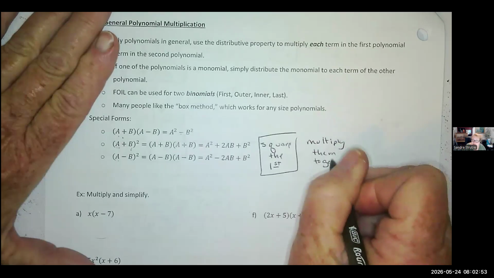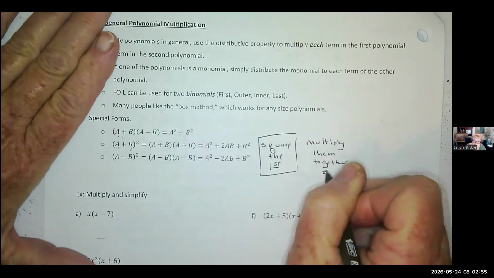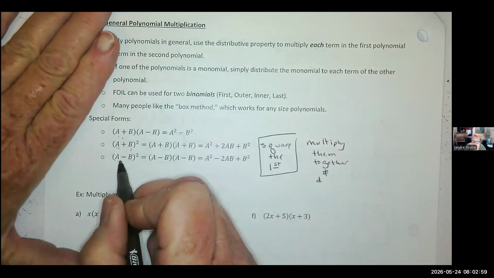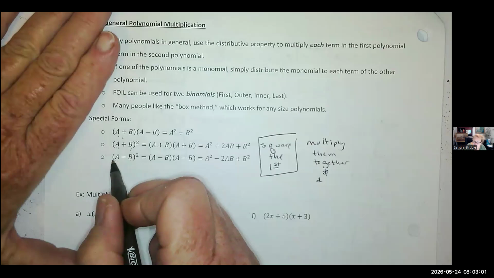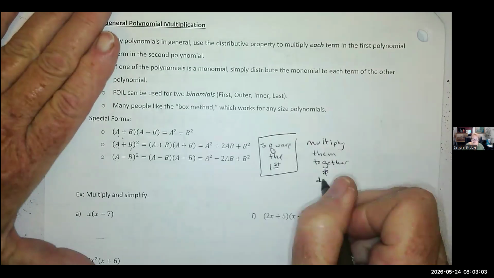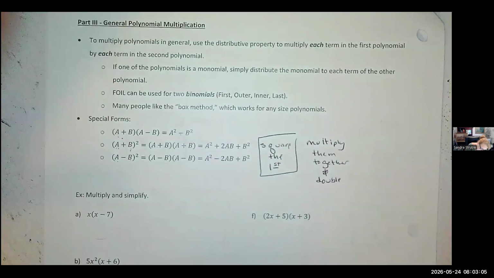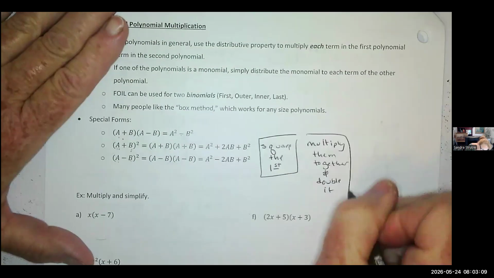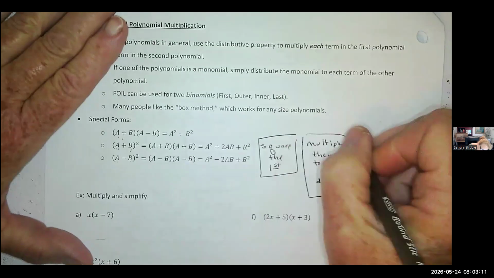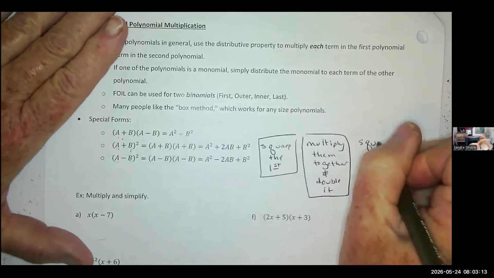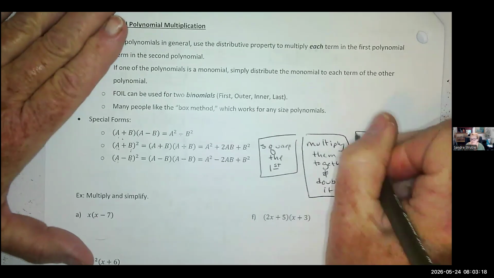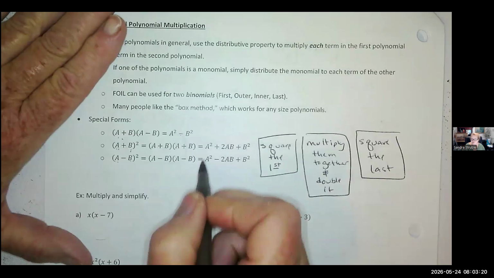That means multiply times 2. So once you multiply these two together, you have to multiply them times 2. So 2 times whatever these two are together, and double it is how I say it. I always say multiply together and double it. This is how I learned it back in the day. And then square the last. Those are my steps for these two here. It's the same thing. It's just this is written out for you.